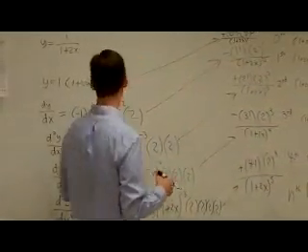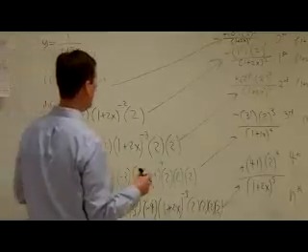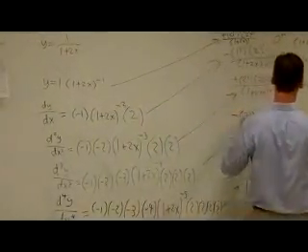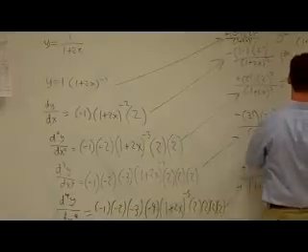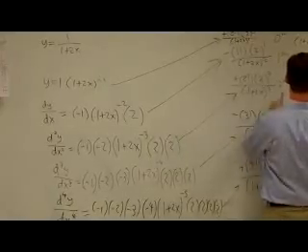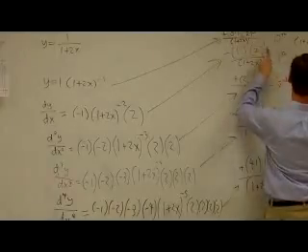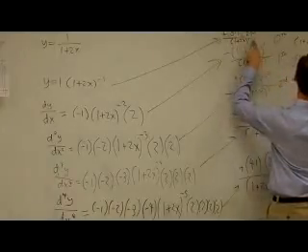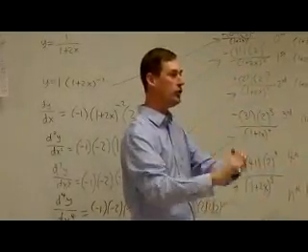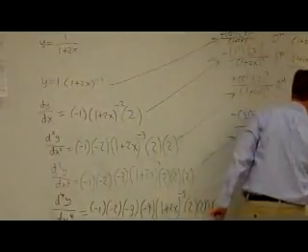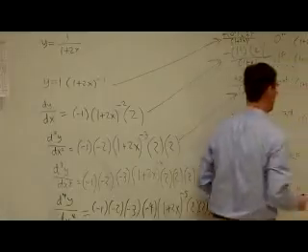Okay? All right, now, let's do the chain column. This one was 2 to the 4th. This one was 2 to the 3rd, 2 to the 2nd, 2 to the 1st, 2 to the 0. So when you get to the nth derivative, it would be 2 to the nth power. All right?